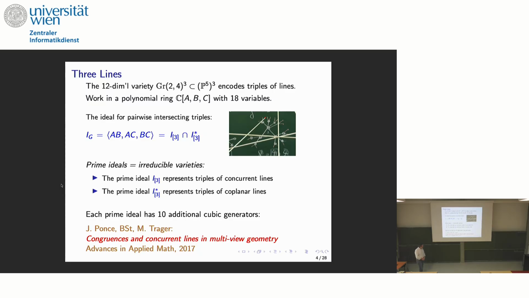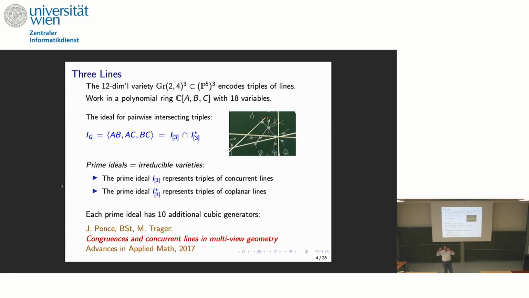Now, one nice thing about this example is this has been studied before. There was a paper from almost 10 years ago with Jean Ponce and Matthew Trager, 2 computer scientists working in computer vision. And we wrote a paper called Congruences and Concurrent Lines in Multi-View Geometry. Okay. Well, who studies lines in 3-space? A lot of people study lines in 3-space, but in particular, people in computer vision study lines in 3-space, and that's because light travels along lines.